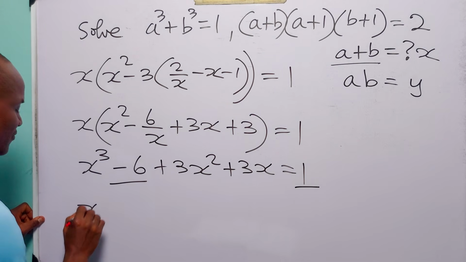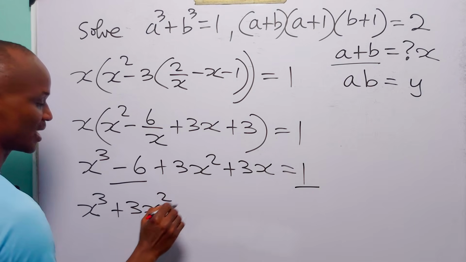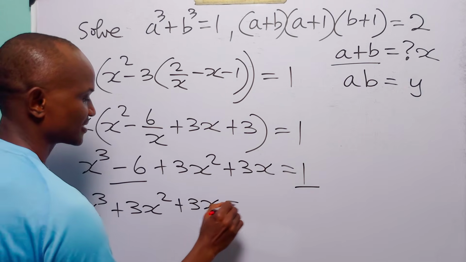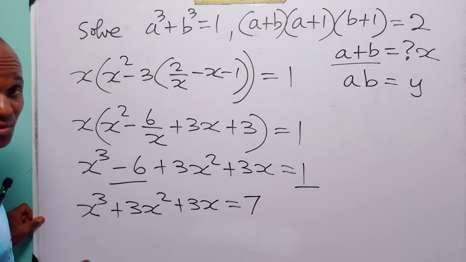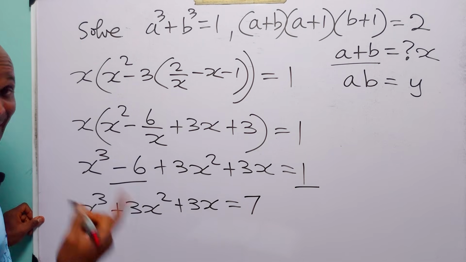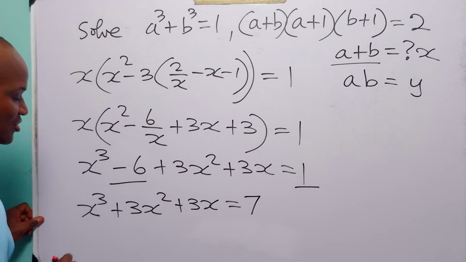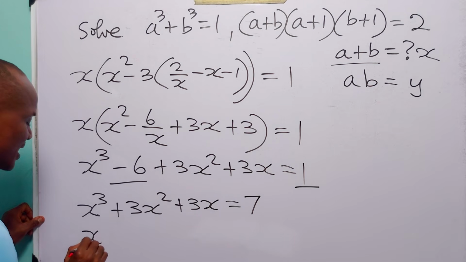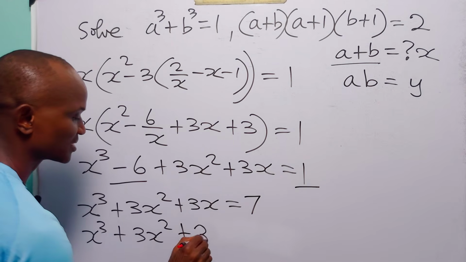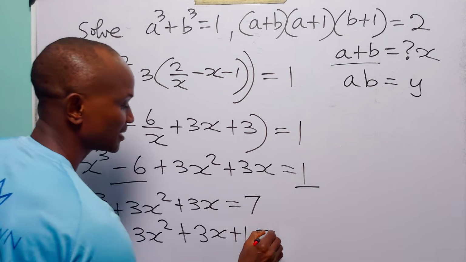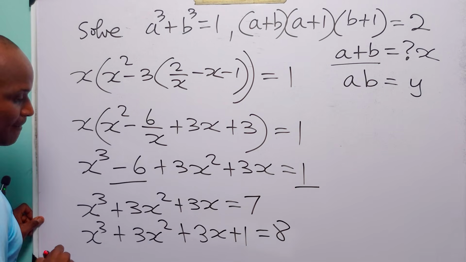When we do that, we have x cubed plus 3x squared plus 3x is equal to 1 plus 6, which is equal to 7. The next thing we are going to do is to add 1 to both sides of this equation. When we do that, we have x cubed plus 3x squared plus 3x plus 1. This is equal to 7 plus 1, which is 8.